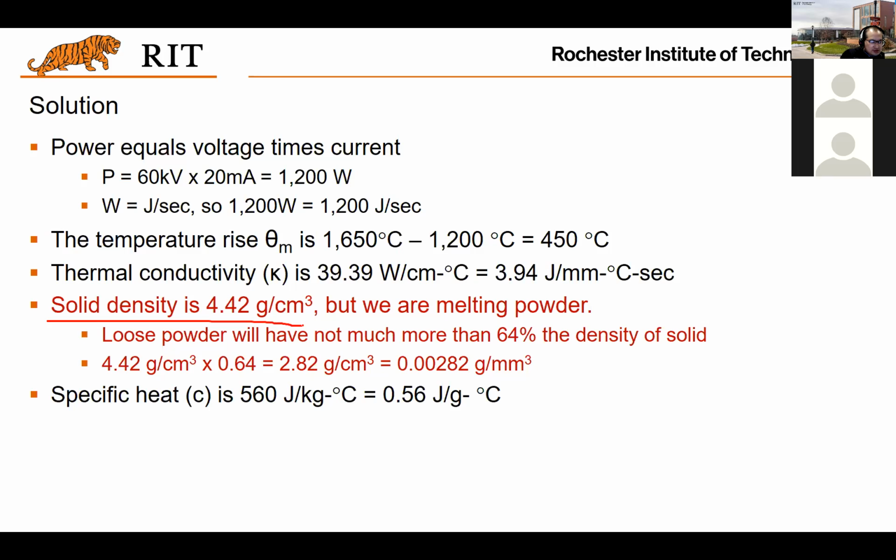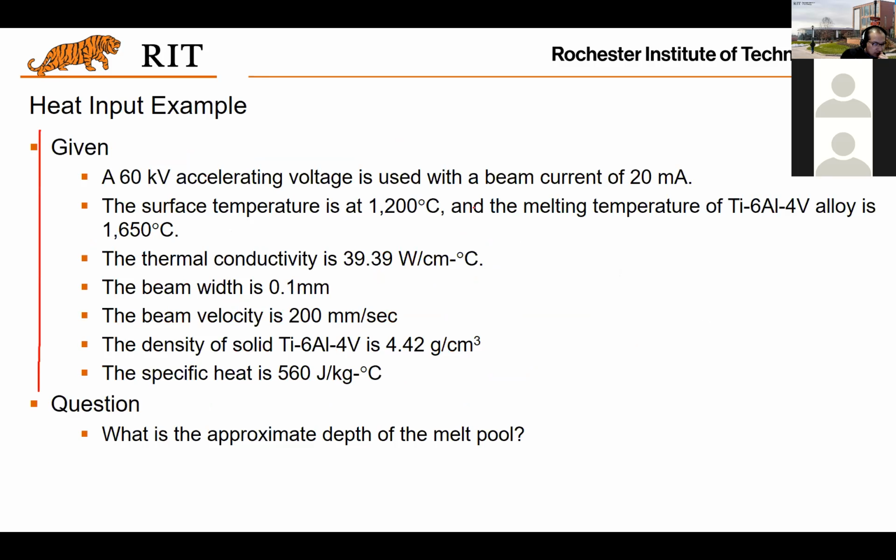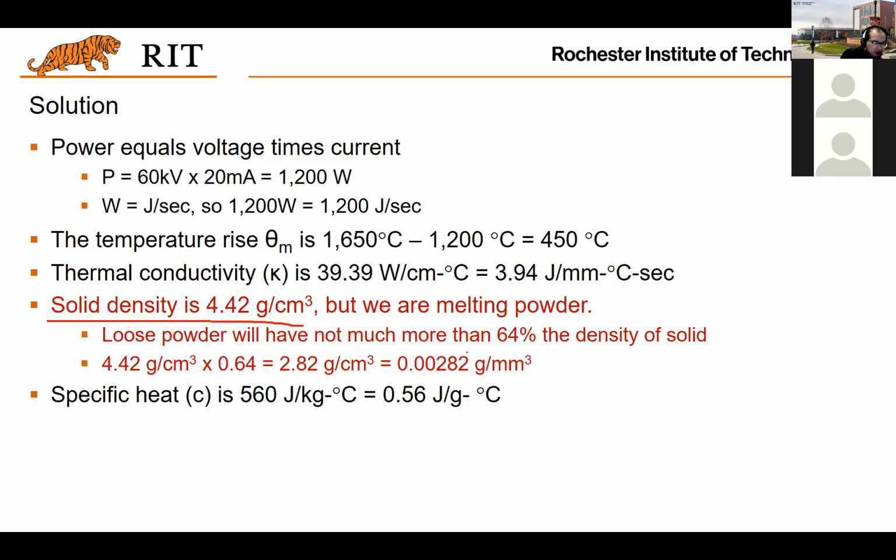The solid density of this alloy is 4.42 grams per cubic centimeter. But we are talking about melting powder, which means probably it's lower than this density.